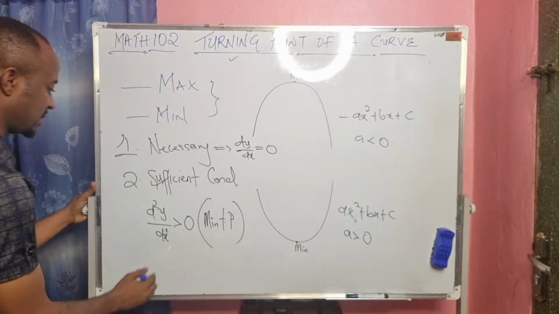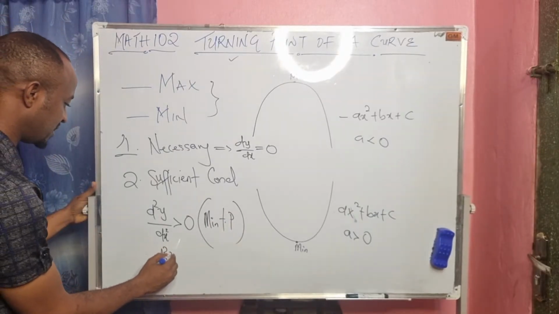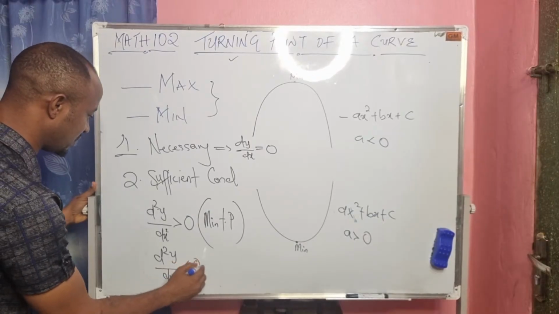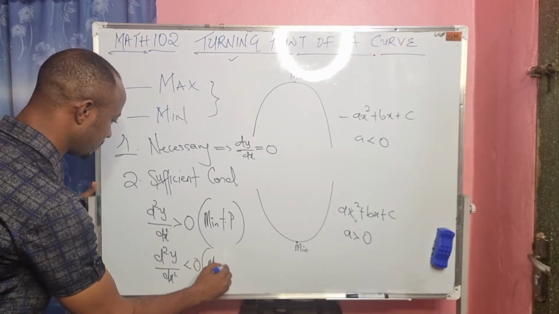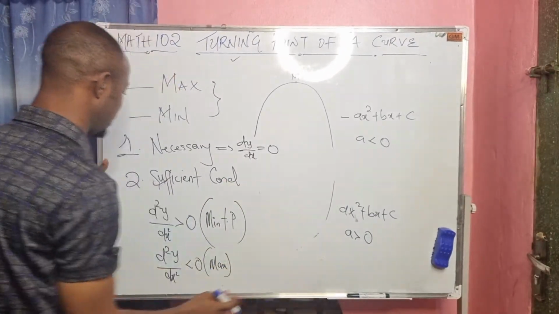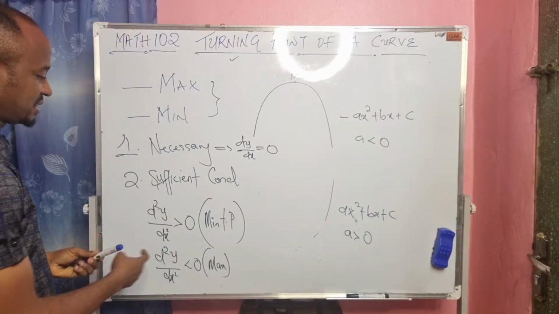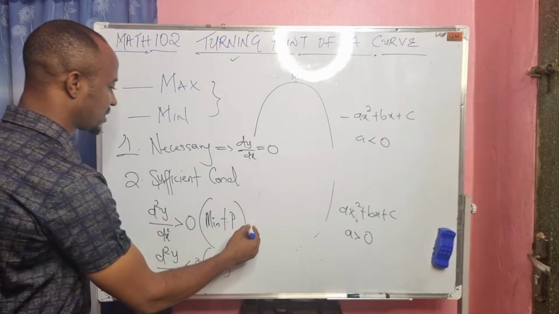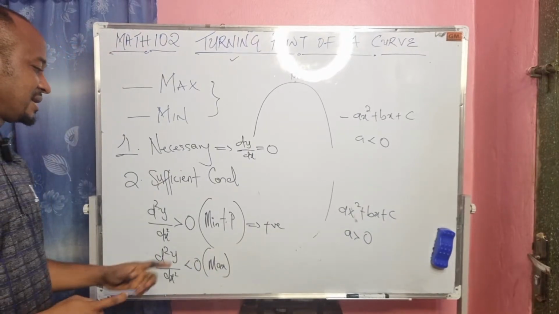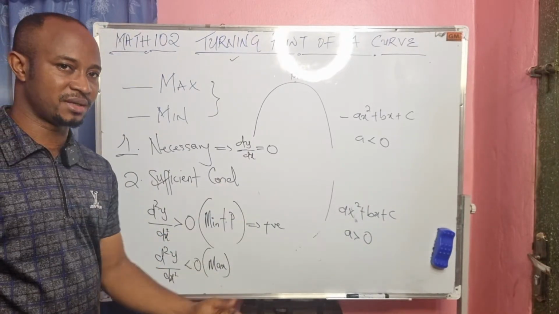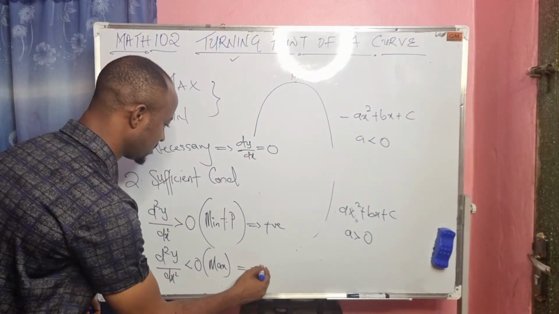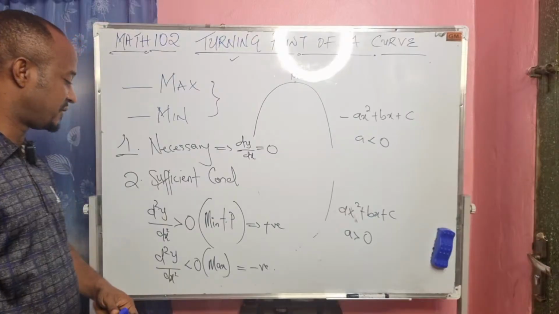Then if the second derivative, d2y/dx squared, is less than 0, we have the maximum turning point. Please don't forget that whenever we say the second derivative is greater than 0, that talks about positive, right? Numbers greater than 0 are positive numbers, while numbers less than 0 are what? Negative numbers. Please don't forget.